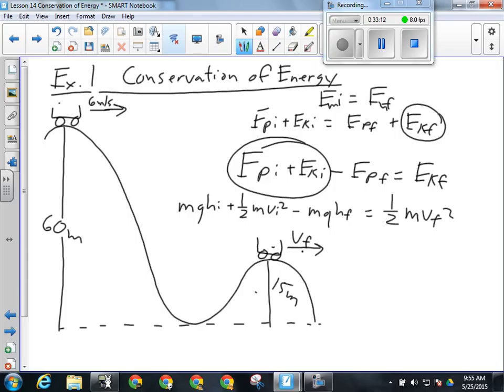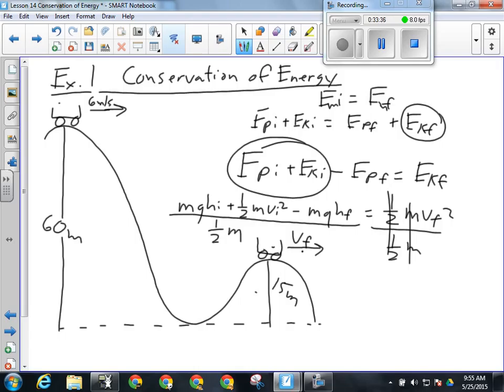I divide by half of m, right? On this side of the formula, all that's there is this multiplied by this multiplied by this. If I want to get VF by itself, I've got to do the opposite operation, divide by 1/2 of m. And according to the rules of algebra, what I do to one side, I do to the other. Is m in every term?